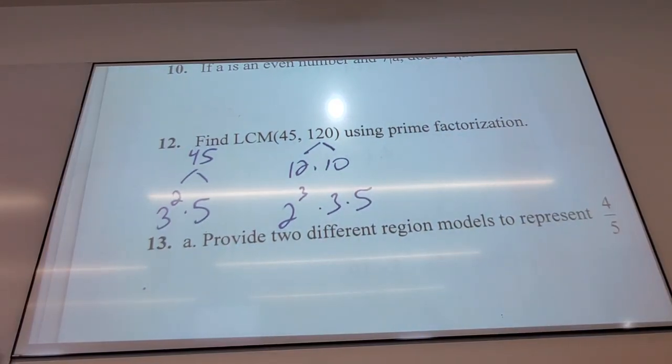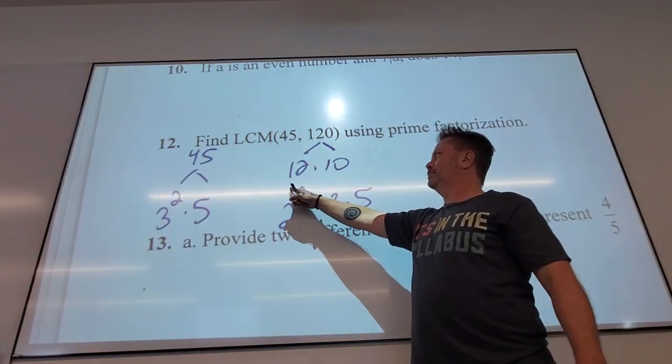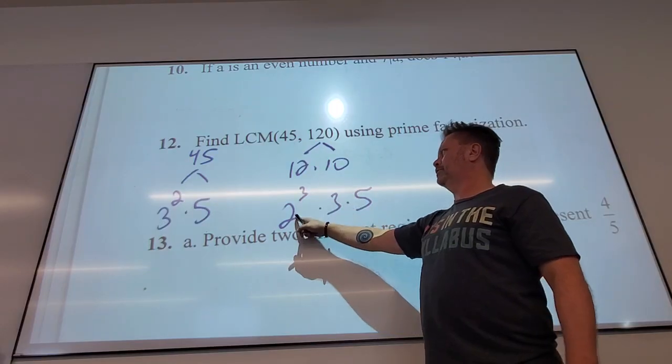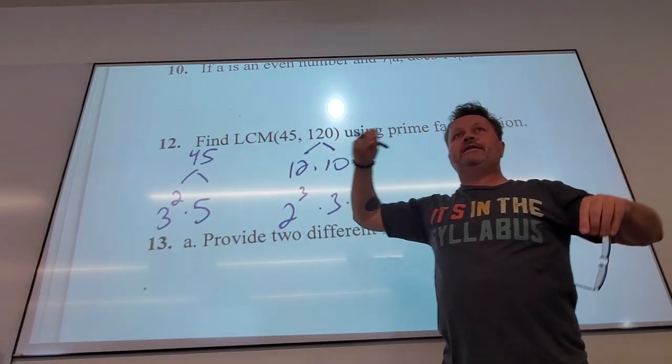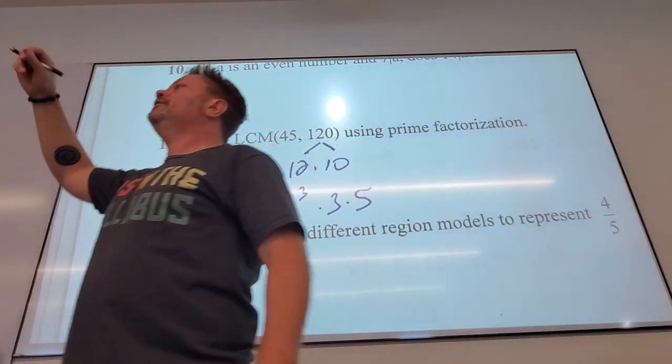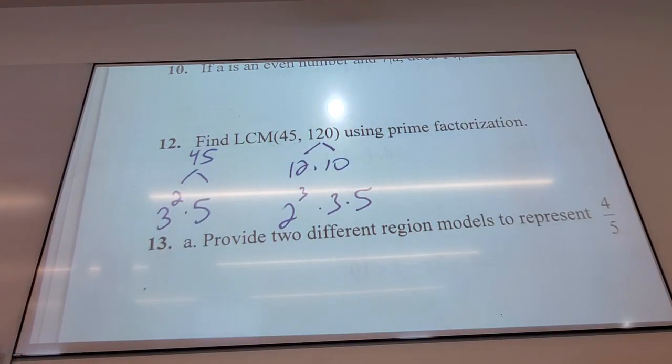Now again, I'm doing it in a little bit of room I've got, but you guys can be more explanatory. 12 is 4 times 3, which is 2 times 2 times 3, times 2 times 5. So that's three 2s, one 3, one 5. Now, LCM means the smallest number you can multiply each of these up to be.